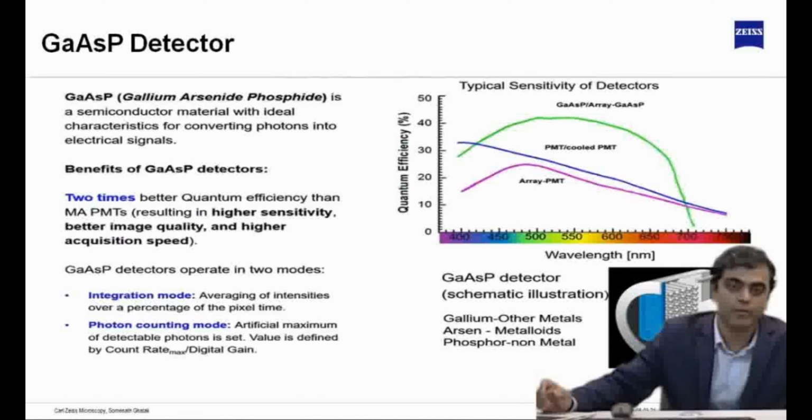As you can see from the quantum efficiency plot, compared to the array PMTs and also the cooled PMTs, almost 45% quantum efficiency is achieved, but over a limited wavelength range. That is why flanking PMTs are also given in combination with the GaAsP detectors.